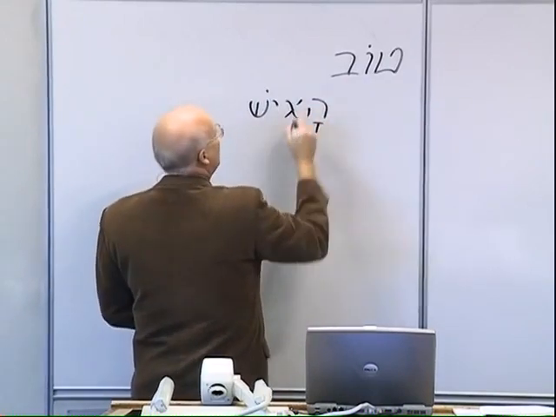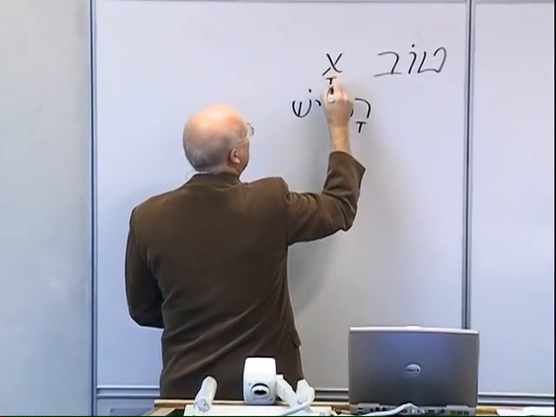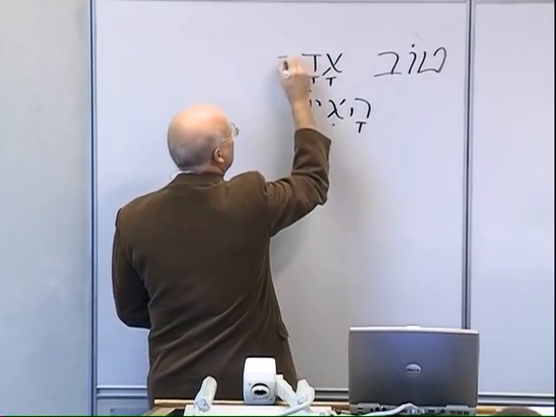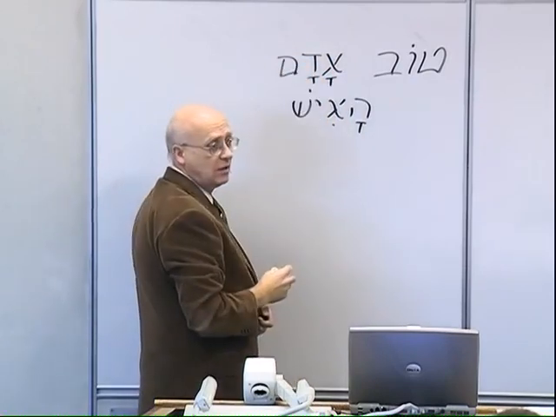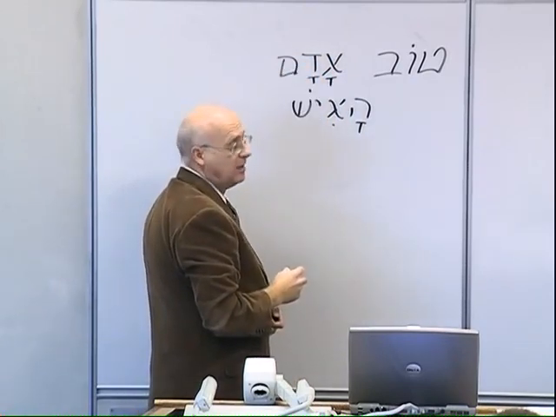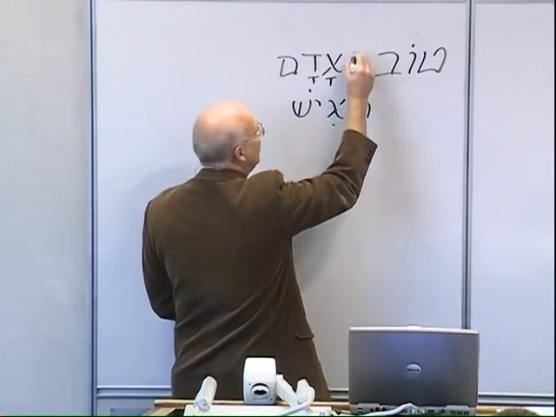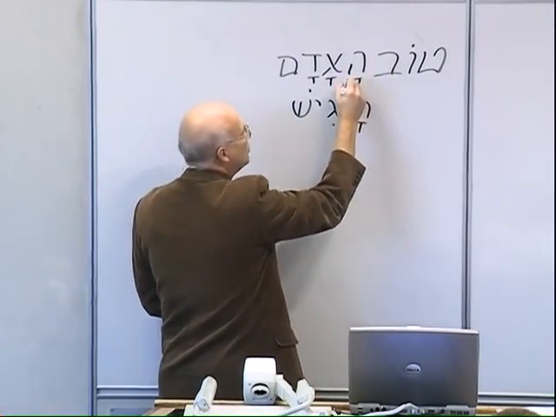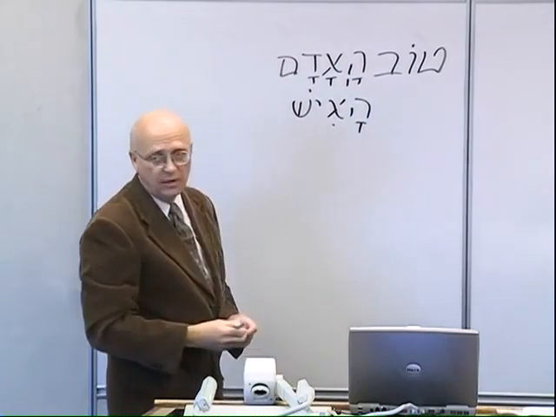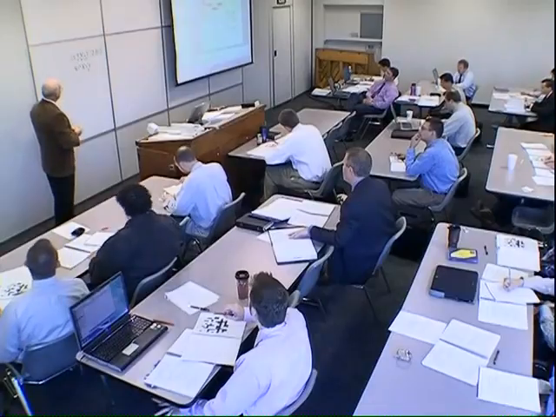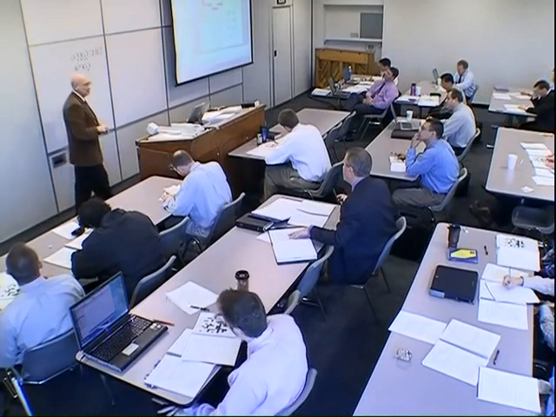Okay, Ha-Ish. And if we use Adam, what article do we use? It's the same form, isn't it? Ha-Adam, but you also have to put a little metheg there. Remember? Okay, so we have the man is good.